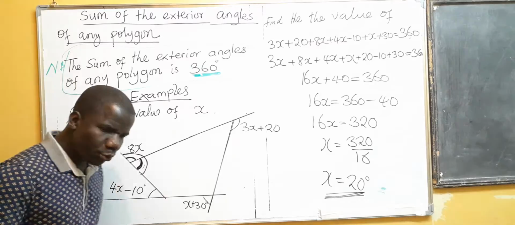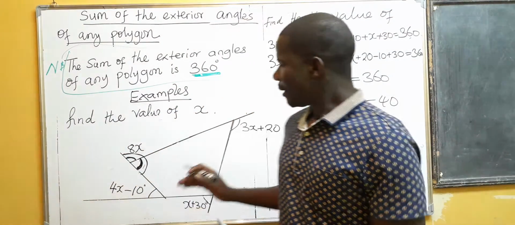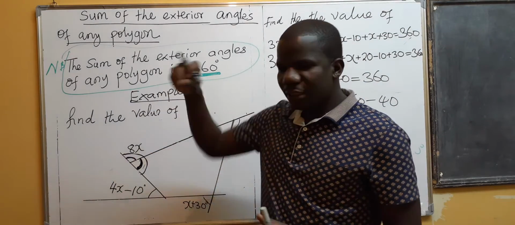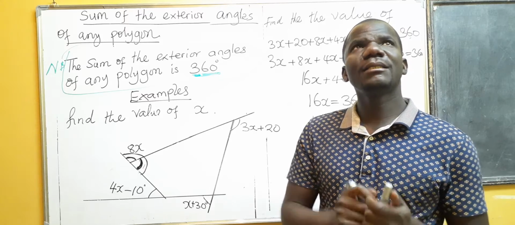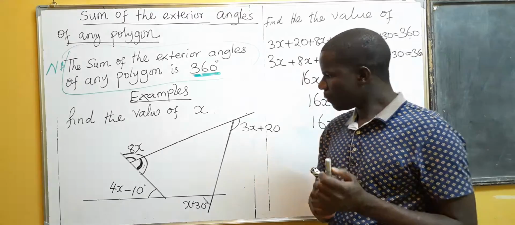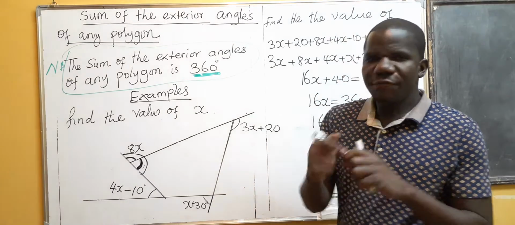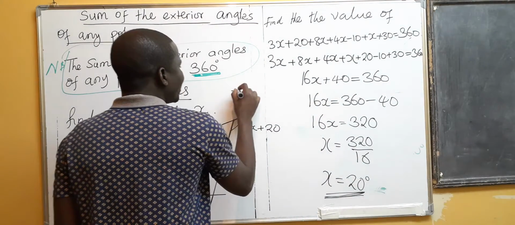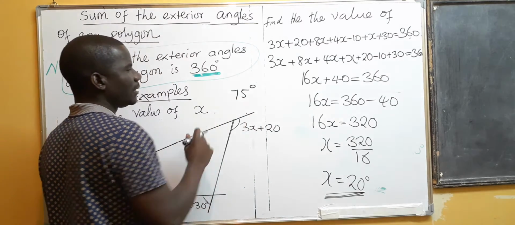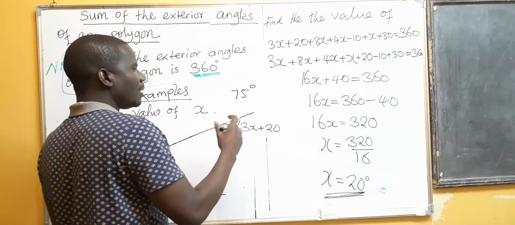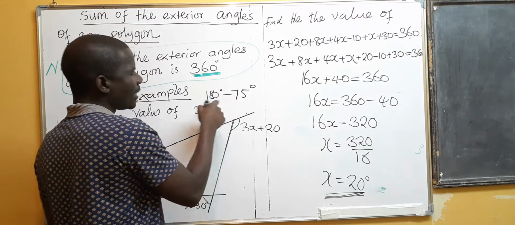So what I want you to go with as we go into lesson 4 is that the sum of the exterior angle and the interior angle is 180 degrees. If I tell you that the exterior angle is 75 degrees, then to find the interior angle, you must subtract this one from 180 degrees.